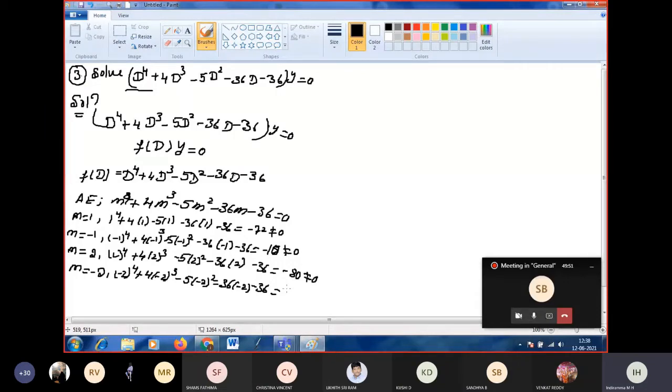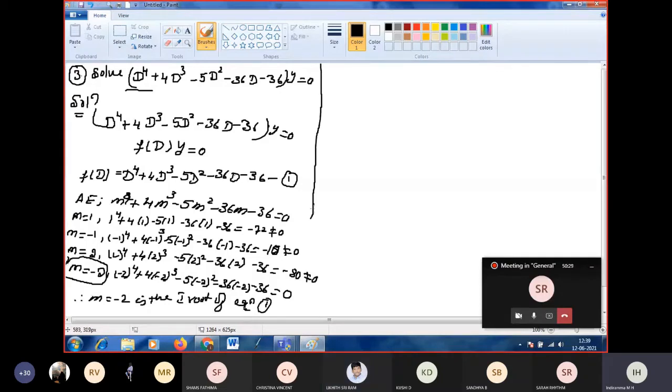Sure? Yes, ma'am. Okay, it is 0. So m equal to minus 2 is the first root of equation 1. So after finding the first root, what do we have to do?